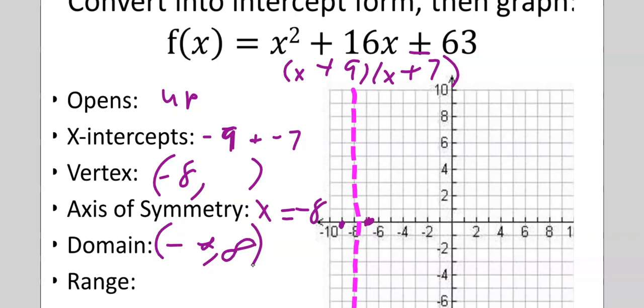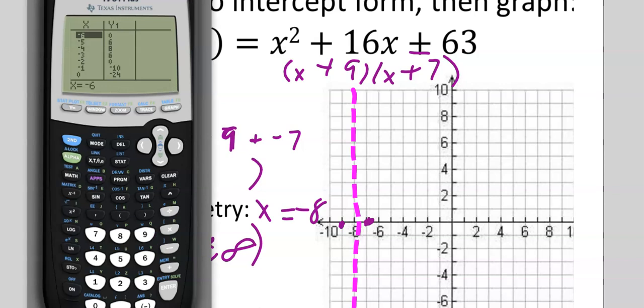All right? So, let's go to the calculator. Y equals clear. And I could put in either one, x squared plus 16x plus 63. Doesn't really matter. Or x plus 9 times x plus 7. Okay? So let me just show you. X squared plus 16x plus 63.